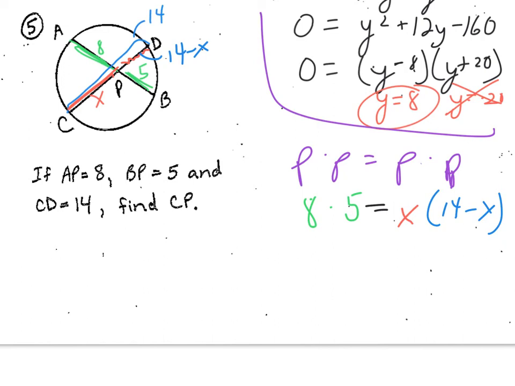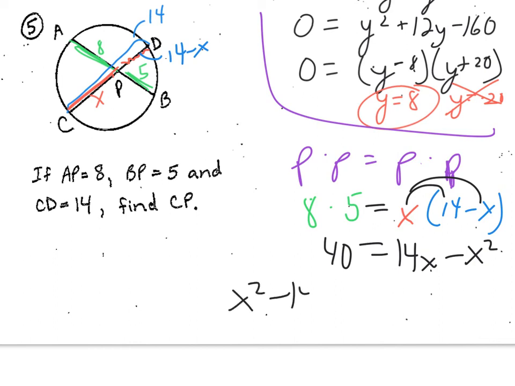We've used that same concept when we did the angle bisector theorem with triangles. If you're thinking that, whole length minus the one part is going to give me the other part. It's an algebra problem, so 40 equals X times 14 minus X. I'm going to be distributing here, 14X minus X squared. And you're looking at a quadratic equation again, you got it. So add my X squared minus 14X plus 40 is equal to 0.